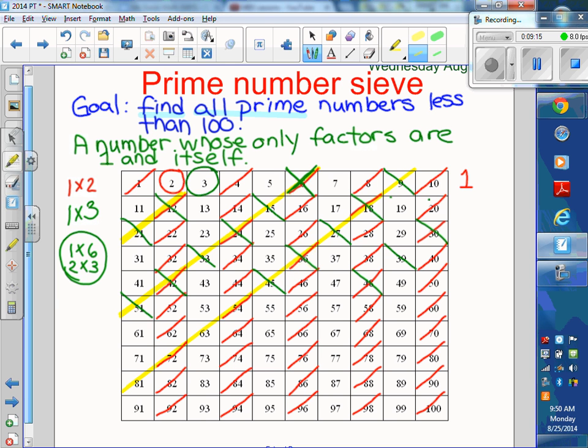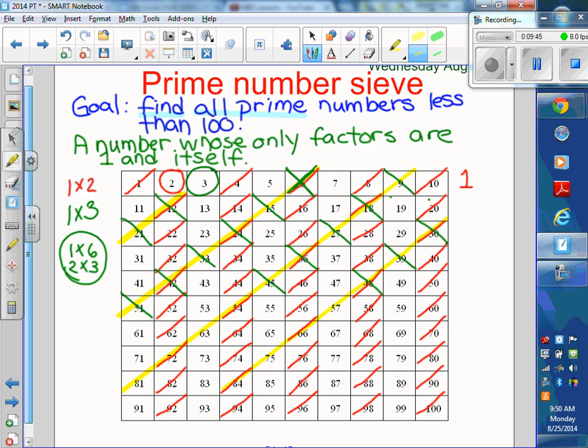And then 21, and there's no diagonal to draw there. 24, so you can see the diagonals are drawn for a while, so we have to keep going. 27, that diagonal's drawn, until we find where to draw our new diagonal. 30, that one's not drawn, so if I go on the diagonal really neat, I'm going to cross out all the multiples of 3.